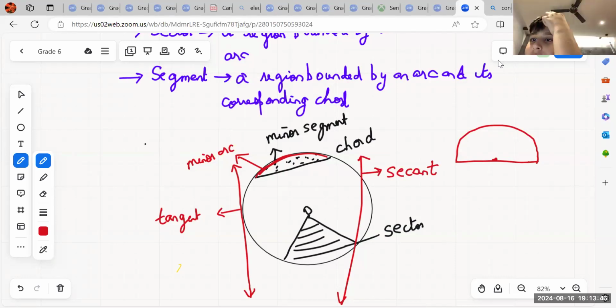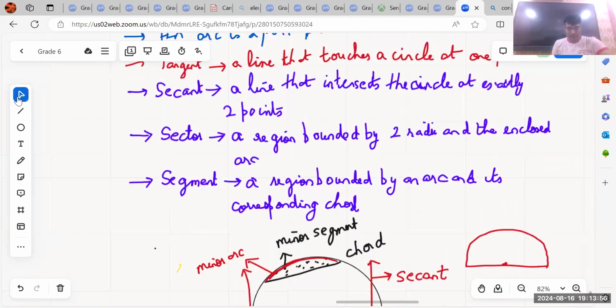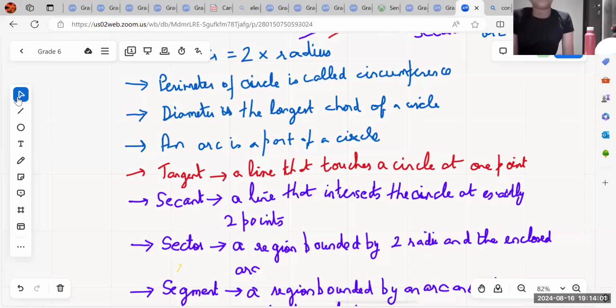Sir, I want to ask a question. Yes, you can annotate. Sir, can you scroll it up for a second? Yes. How to annotate? Yes, sir, you can scroll it down.